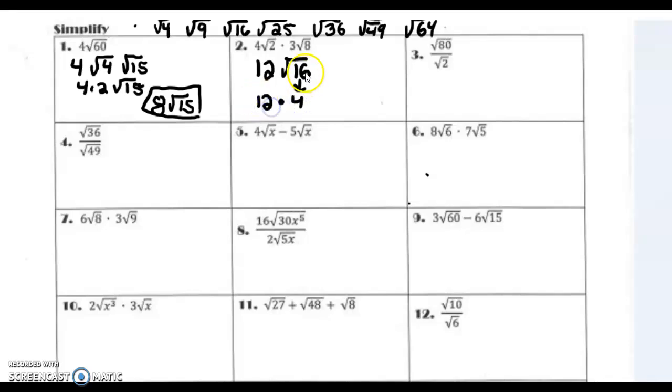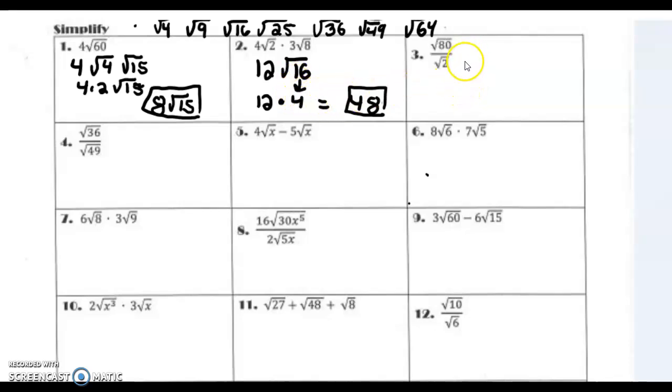Okay, so now there's nothing left in the radical. You're just going to have an integer. 12 times 4 would be 48. Okay, so again, remember, if there's a perfect square here, you will never have a radical left over.